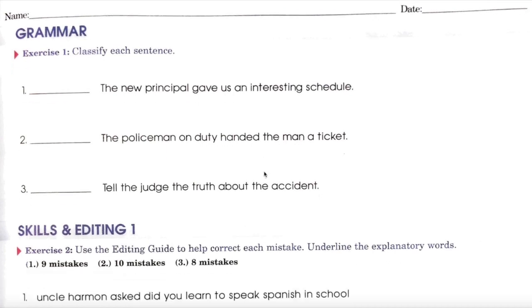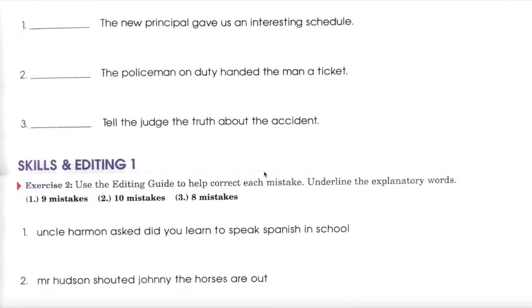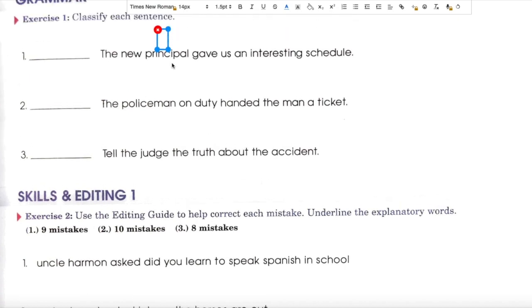Exercise 1, classify each sentence. The new principal gave us an interesting schedule. Who gave us an interesting schedule? Principal, subject, noun. What is being said about principal? What did he do?